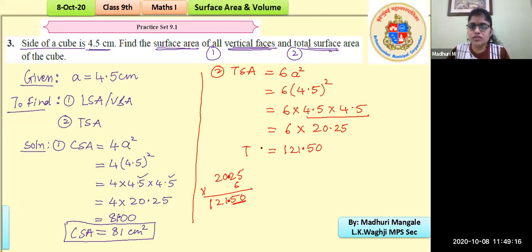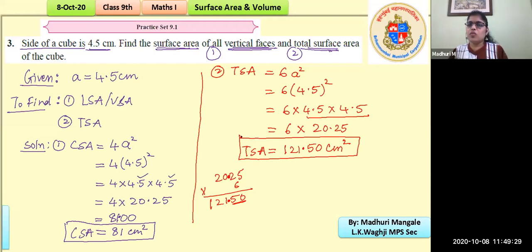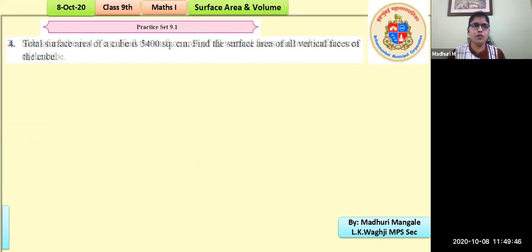So the total surface area is 121.50 centimeter squared. Isn't that easy? Whenever you're multiplying decimal numbers, first multiply the numbers simply without the decimal point, and at the last you just place the decimal point in the right place. That gives the solution. We move to the next question, question number 4 now.